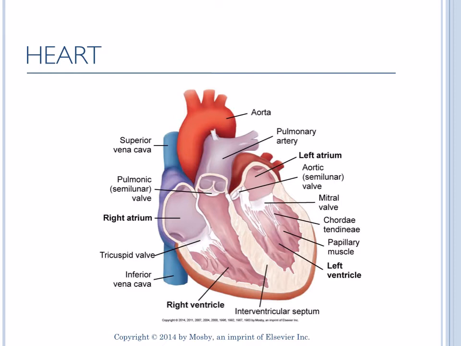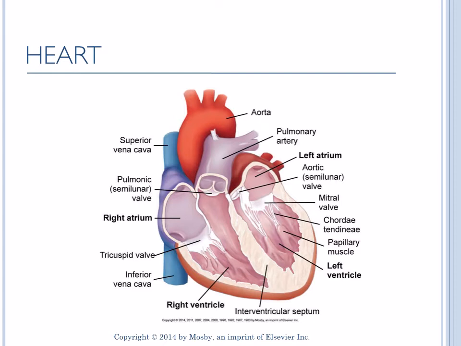After going out to the lungs through the pulmonary artery, the blood picks up oxygen in the lungs and travels via the pulmonary vein to the left atrium and down to the left ventricle. From the left ventricle, oxygenated blood is then pumped out through the aorta to the body. This is the very basic information you need to know before we even start discussing any abnormality.